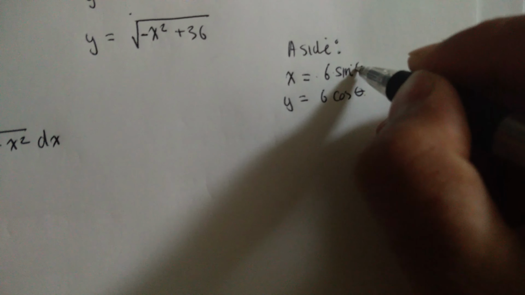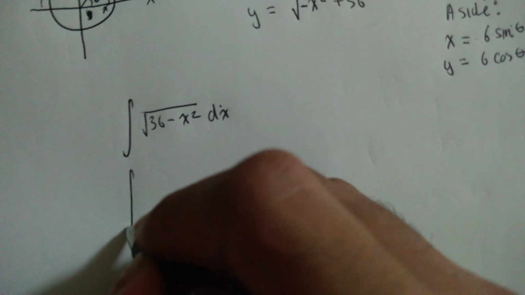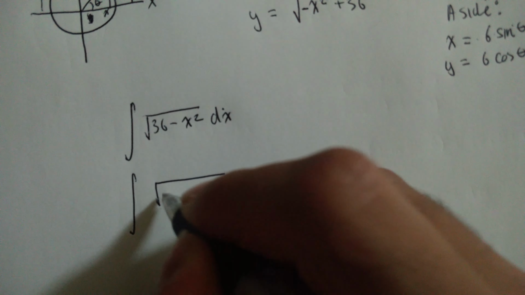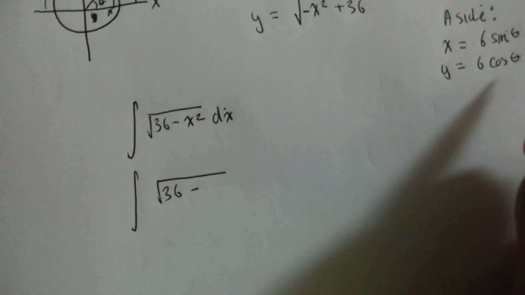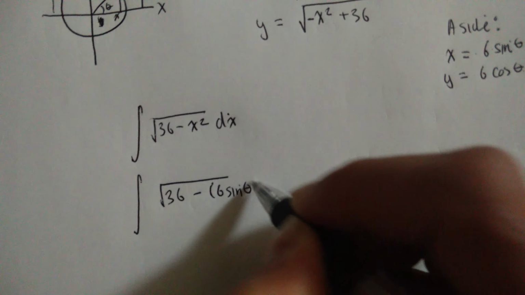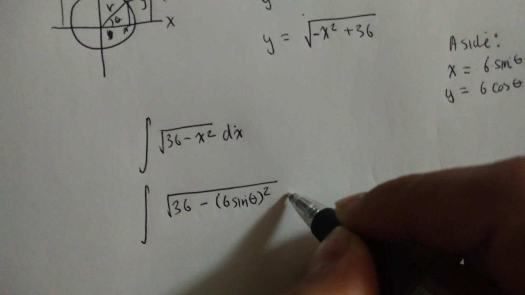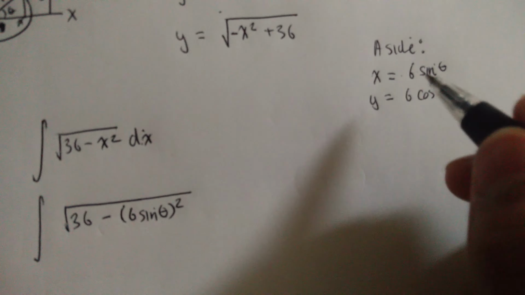Now we can use this and plug it into the integral to make it easier to solve. At first it does not look easier, but it simplifies very nicely. So x is 6 sine theta. We plug it in and we get 6 sine theta squared. And then we have to get dx in terms of d theta.